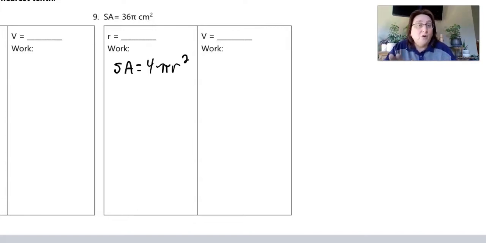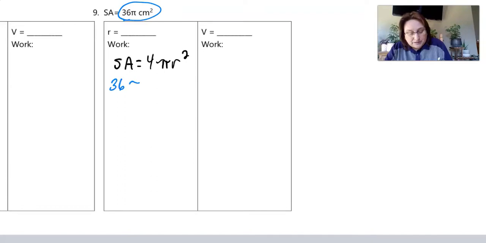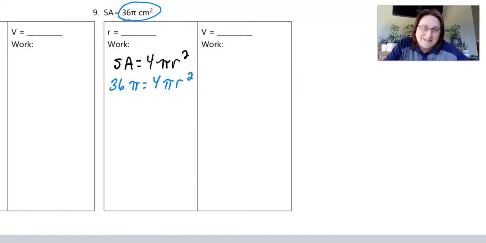We know the surface area. It gives it to us right here, doesn't it? I plug that in: 36 pi equals 4 pi r squared. Now notice I kind of give you guys a hint here. You're going to find the radius first, because once we find the radius, then we can find the volume of the sphere. Hey guys, practice it. I've set it up for you. Can you tell me, what do you get for the measurement of the radius?